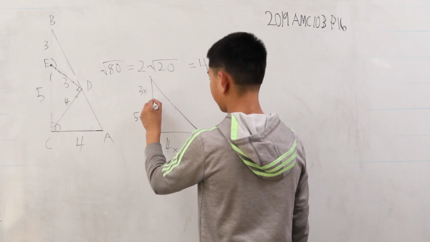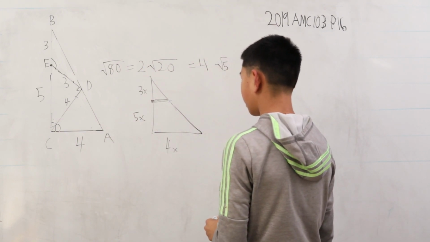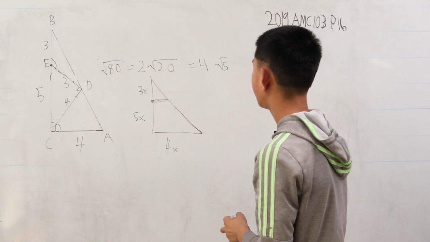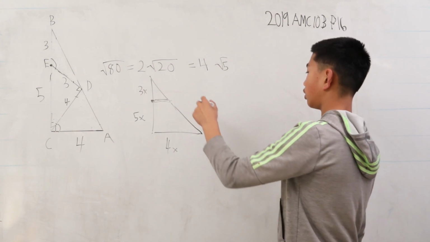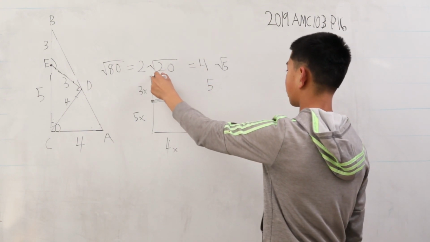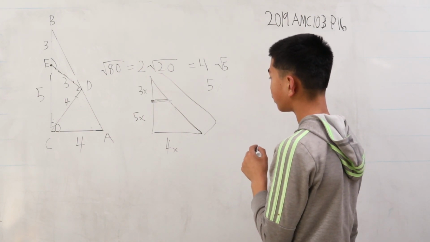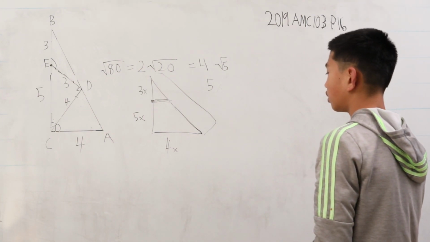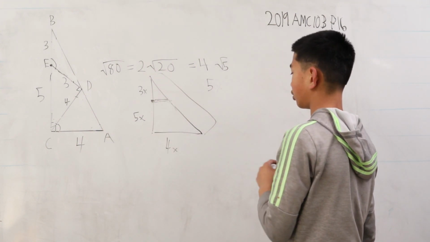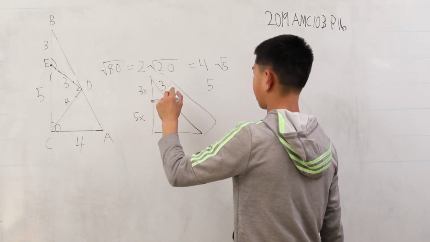Since this is 4 root 5, we already know the hypotenuse is going to be a multiple of 5. If we can find one of these lengths, then we're good. Let's count on this one, because this is a similar triangle to this large one. When we solve that, this is going to be 3 of something, 3x.